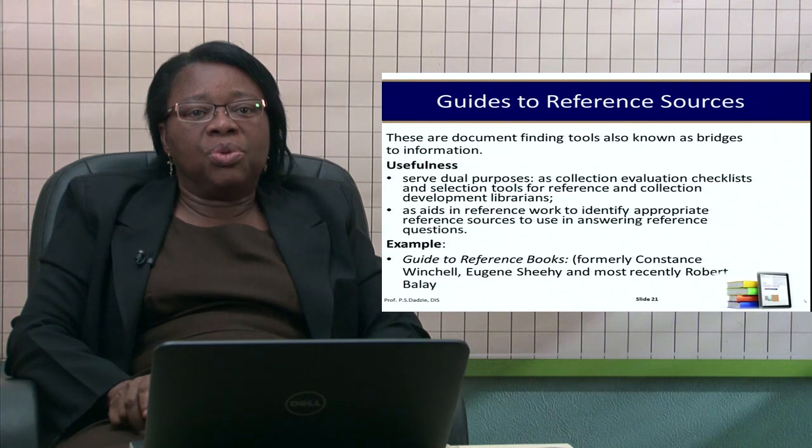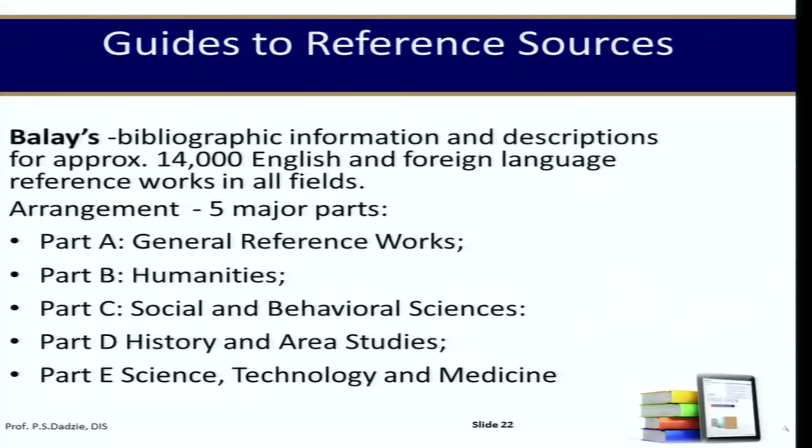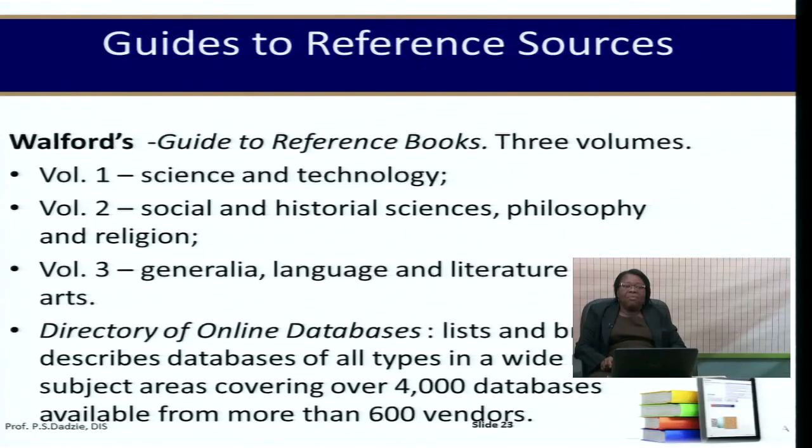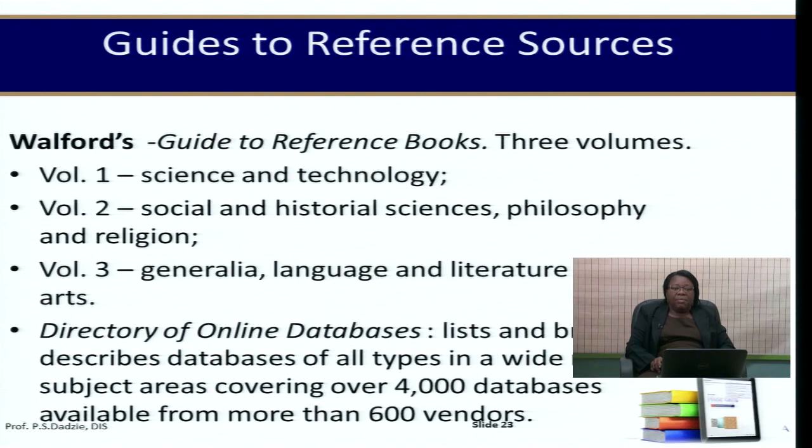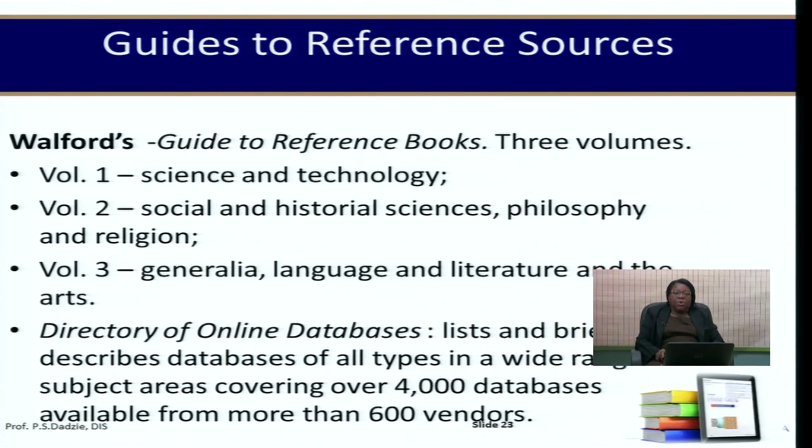You need to use what we call the guides to reference sources. So you have one guide, which is Bailey's Guide, and I'm going to ask you to review it. You've done it as an activity in the previous section. And then you also have Walford's Guide to Reference Materials, which you also reviewed in your previous session. So go back to your activity in the previous section and look at what you did for guides to reference sources.